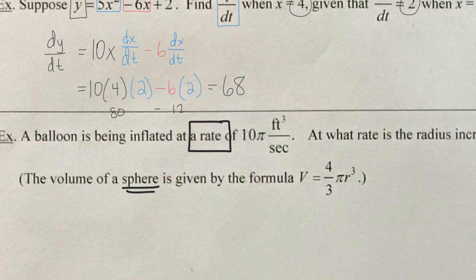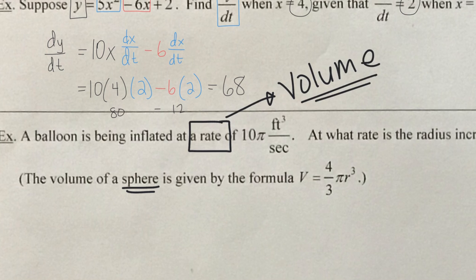So this is a rate. What rate is that referring to? If the balloon is being inflated, what is changing about the balloon? It's volume. So this is a rate of change of volume, aka dv dt, the change of volume's rate with respect to time. That's one of the things that we need to identify: what our actual values mean.